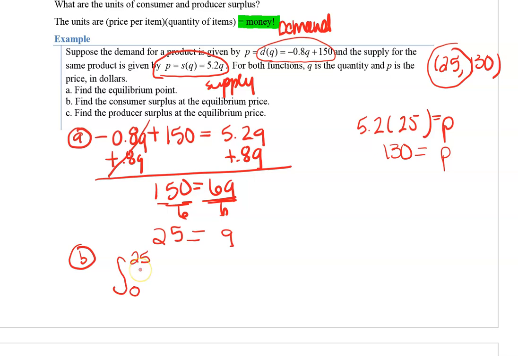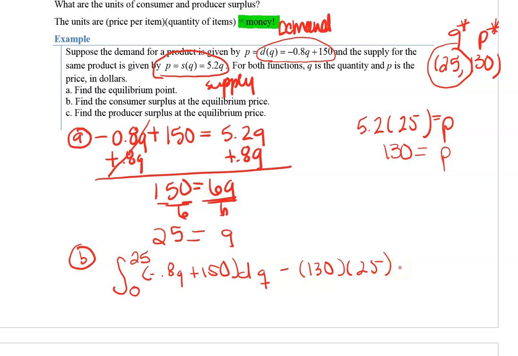And so that means we need our demand equation, negative 0.8q plus 150 dq, minus the x and y value from your equilibrium point, or they call this q star and p star, and so multiply those two together. So we'll say 130 times 25. And so this is going to be the setup of our problem.